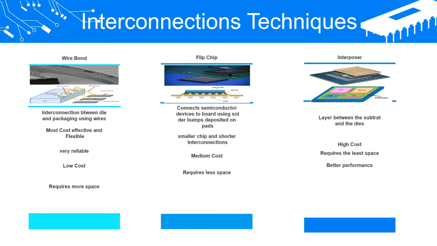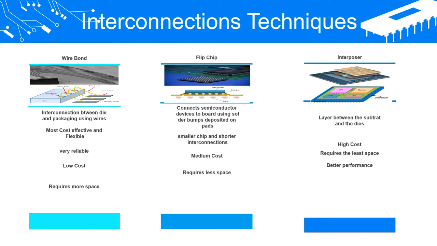The flip chip connects semiconductor devices to the board using solder bumps deposited on pads, with a smaller chip and shorter interconnection, medium cost, and requires less space. The interposer is a layer between the substrate and the dies, high cost but requires the least space and has better performance.